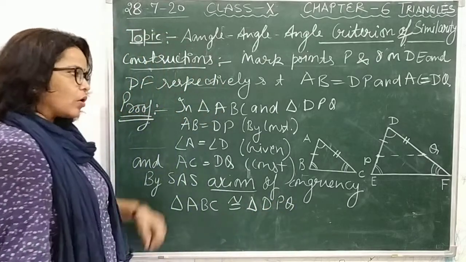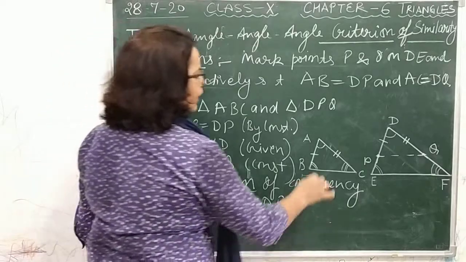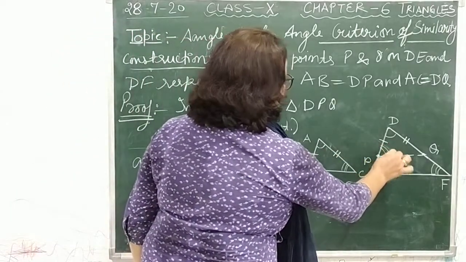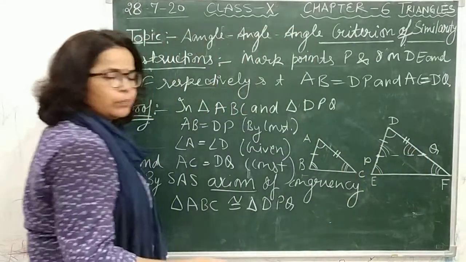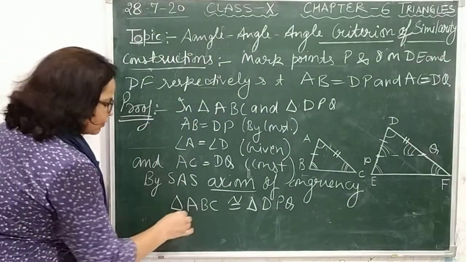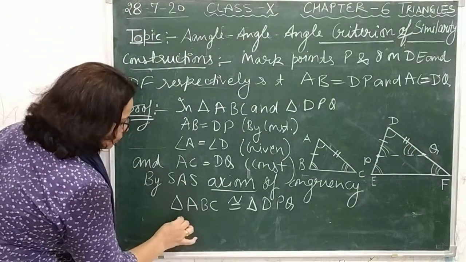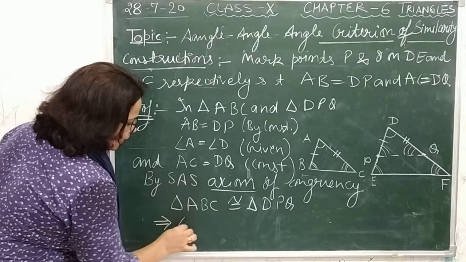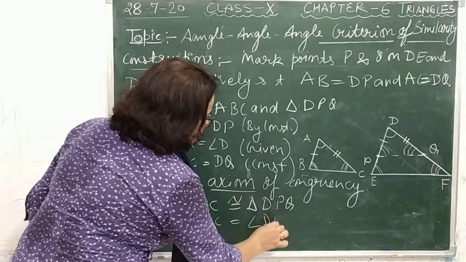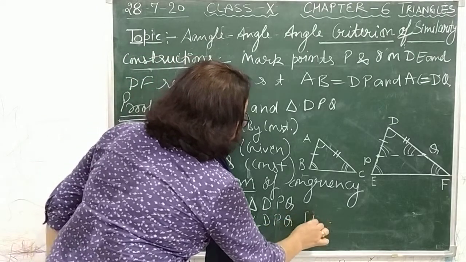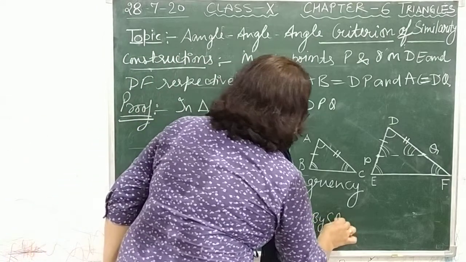So by this congruence, we can conclude that angle B is equal to angle P and angle C is equal to angle Q. But I require only the equality of angle B and P. So this implies angle ABC is equal to angle DPQ. How? By CPCT.